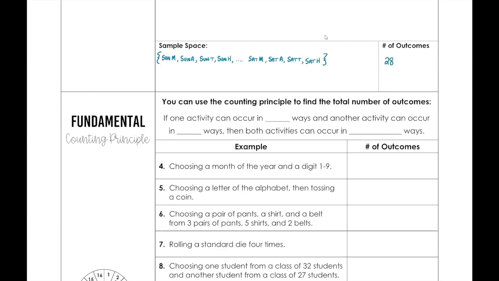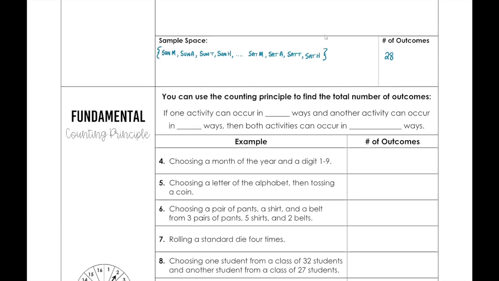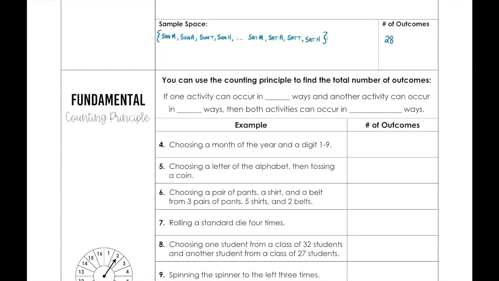So if our first activity can occur, and we'll label it M, number of ways, and another activity can occur in N number of ways, then both activities can occur together in M times N number of ways.